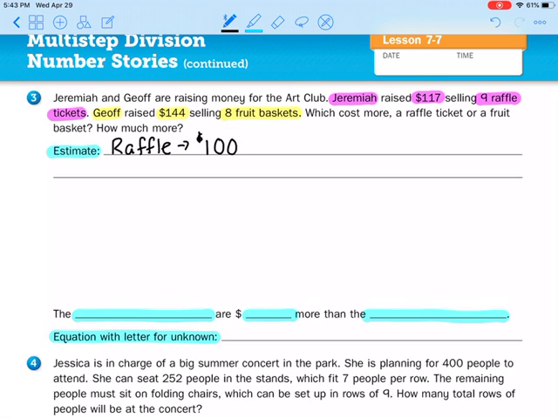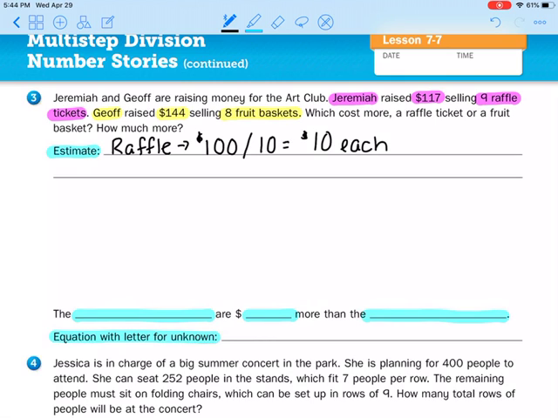So let's just say he raised $100. I rounded down. Divided by 9 raffle tickets to figure out how much each ticket costs. So 9 is close to 10. So we can say that each ticket probably costs close to $10 each.